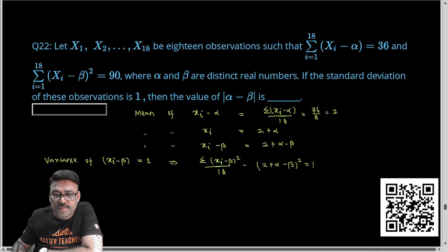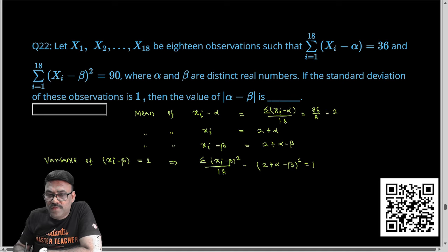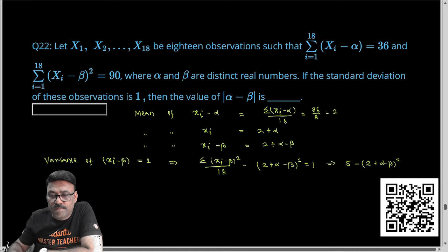Actually, variance is basically the mean of squares minus the square of the mean. So the mean of squares is summation (xi minus beta) whole square by 18, and the mean is already 2 plus alpha minus beta. So it is 90 by 18 here. 90 by 18 means 5, minus (2 plus alpha minus beta) whole square. So this gives you (2 plus alpha minus beta) whole square equals 4.